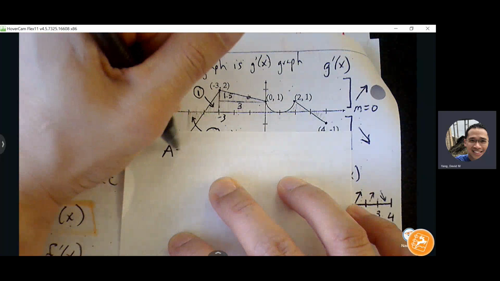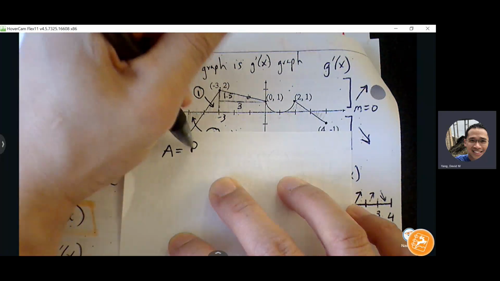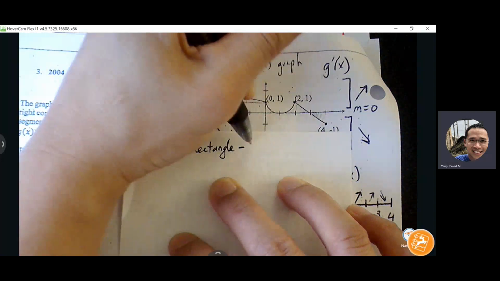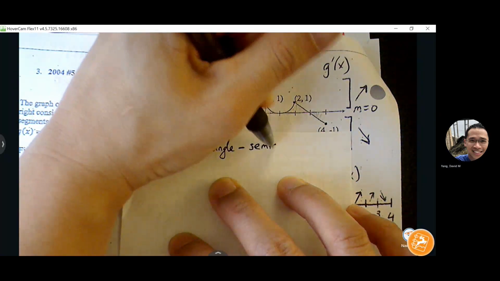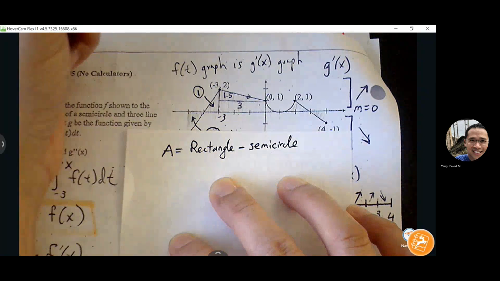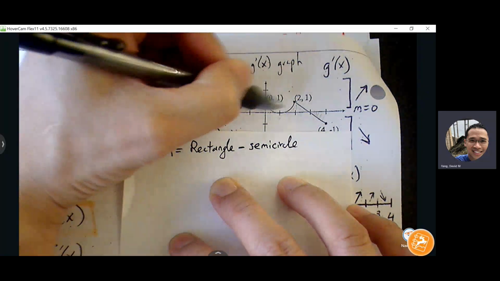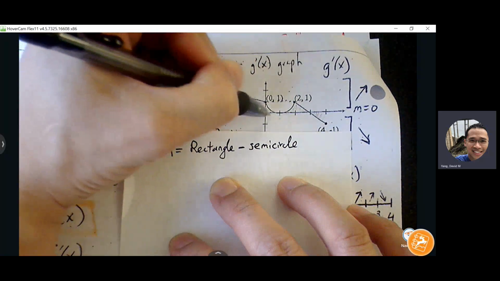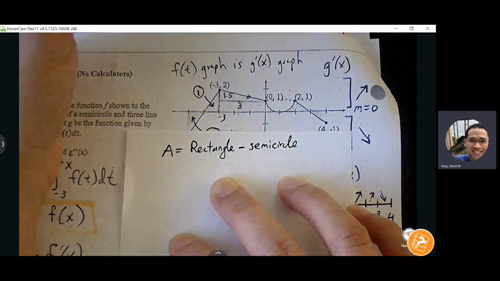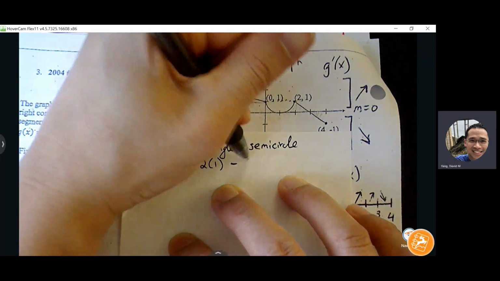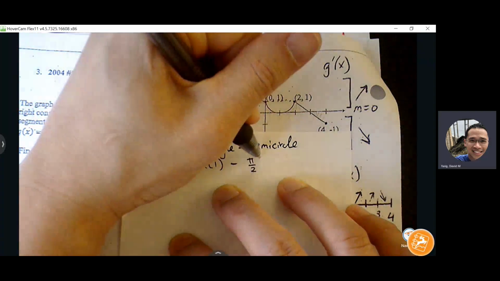The area of that region is a rectangle minus a semicircle. So a rectangle is length times width. So this imaginary rectangle here is width of 2, height of 1. A semicircle is 1/2 pi r squared.